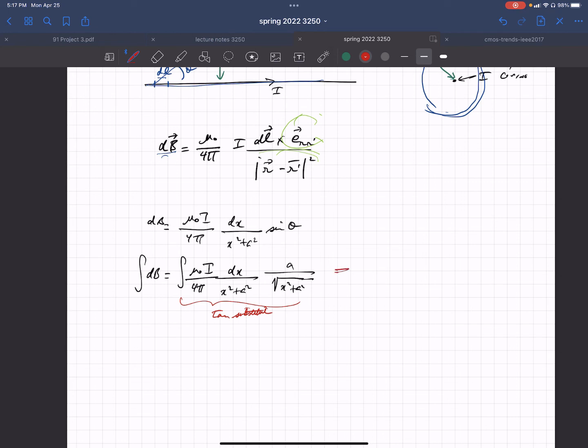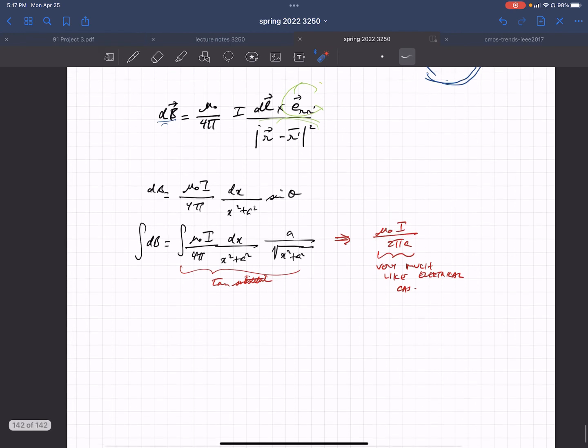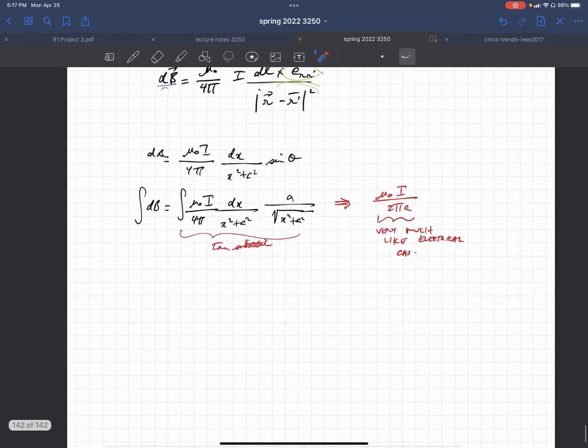Long story short, the answer is going to be mu naught I over 2 pi a, which again is very much like the electrical case. Of course, in this case, instead of charge and epsilon naught, we have mu naught and current.